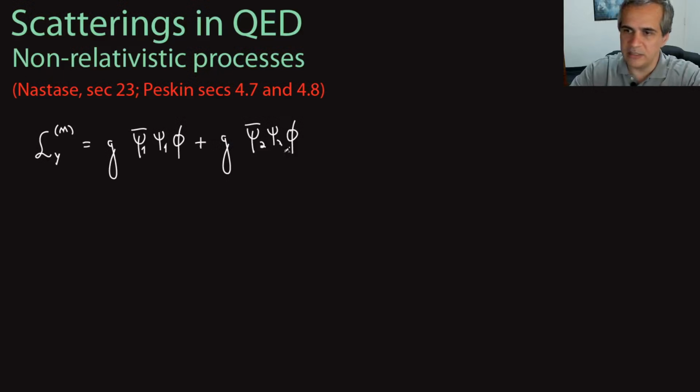We know that the Feynman rule for the vertex that arises from this kind of interaction is something like this, right? So you have an interaction with three fields, two fermions and one scalar, and that in Minkowski space leads to this rule, just minus i times the coupling.